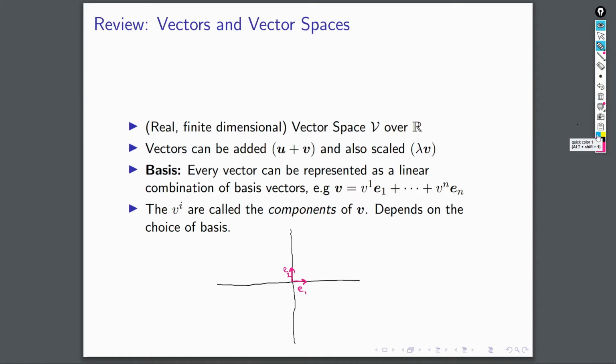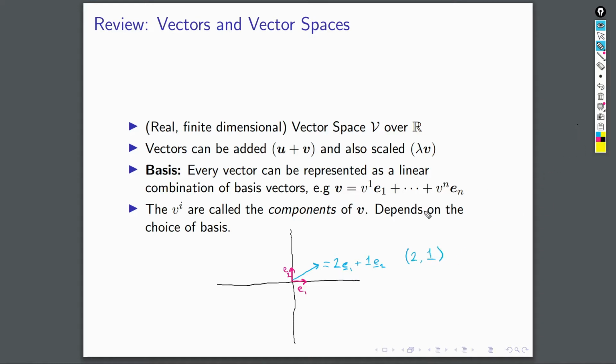If I take a vector, say for instance this one, it can be written as 2E1 plus 1E2. In other words, its components are 2, 1.